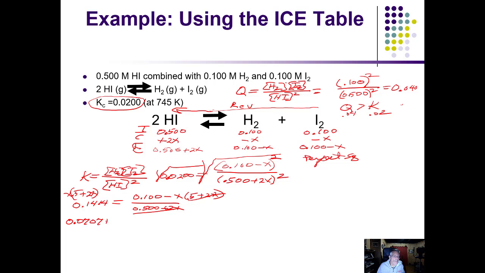And that's going to give me 0.0707 plus 0.2828x is equal to 0.100 minus x. I think I'll go ahead and I will group my terms by adding x to both sides and subtracting 0.0707 from both sides.